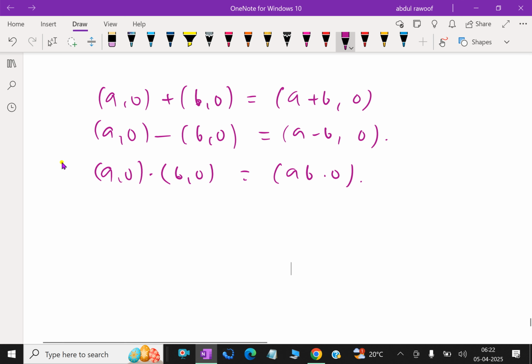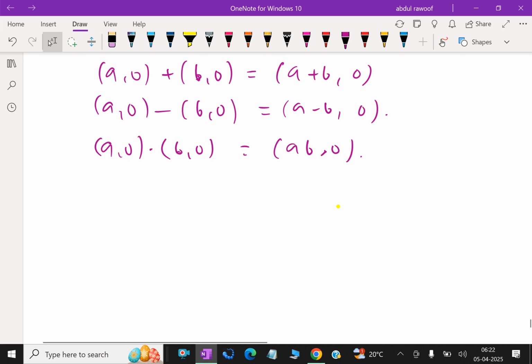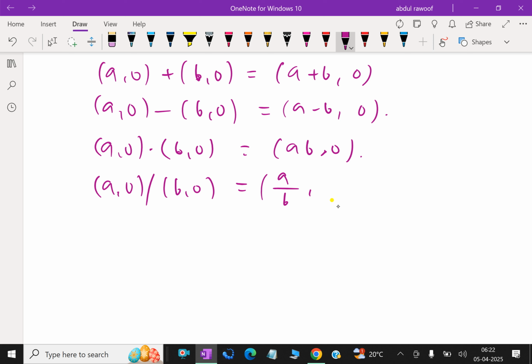That is, real parts are multiplied and imaginary parts are multiplied. Then division, (A, 0) divided by (B, 0) can be represented with real parts divided and the imaginary part 0. This is a basic concept.